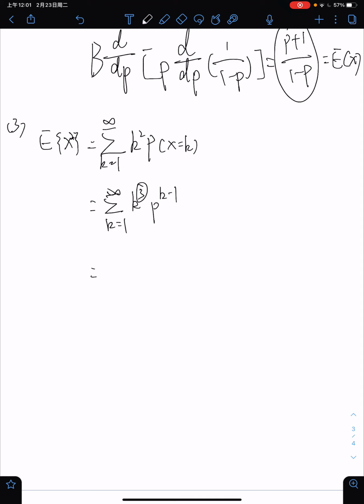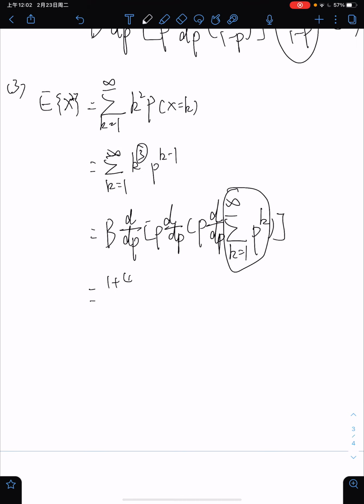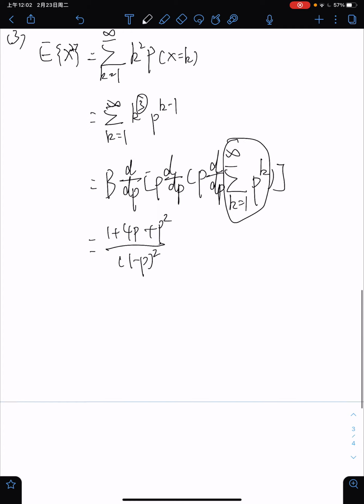Finally, we get this. Geometric progression again, and it's very easy to calculate, just takes some time. The result is this.